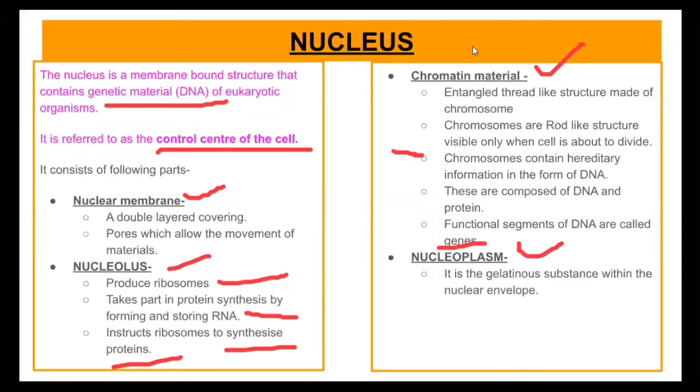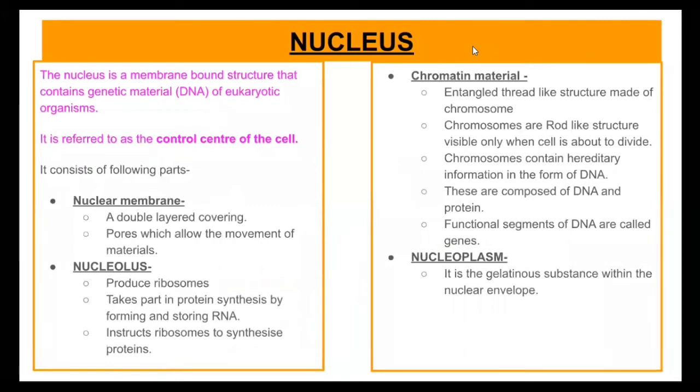Like, say for example, this is a chromosome. So in that, there are certain parts in between known as genes. Now comes nucleoplasm. It is that substance which is present inside the nucleus, right?